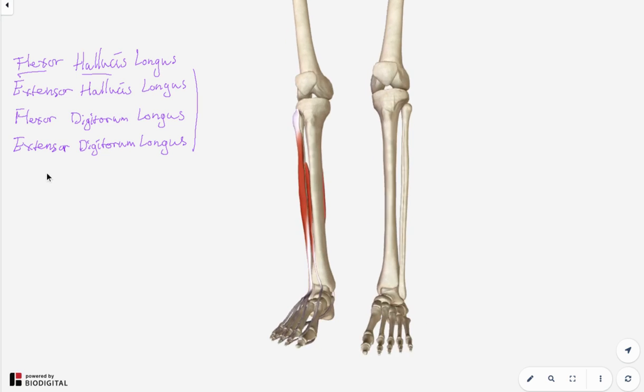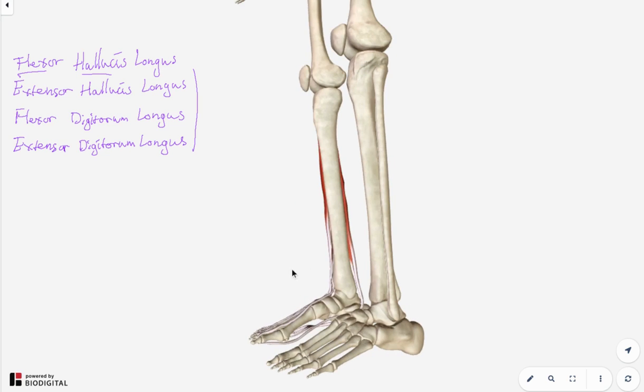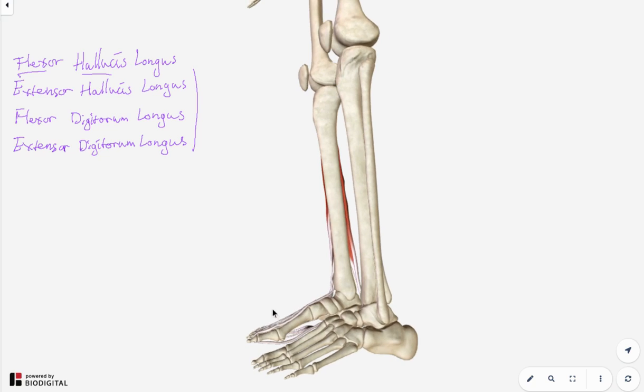So if we think about it, any muscle that extends the toe means it's going to be bringing the toe more up this way, or into a position of hyperextension. That muscle must run along the top side of the foot because a muscle contracts, shortens, and to have the action of extending the toe, it has to run along the top of the foot to shorten and have that action occur.